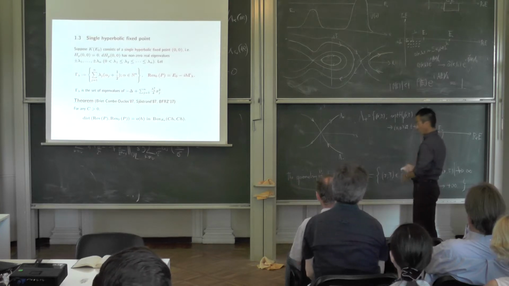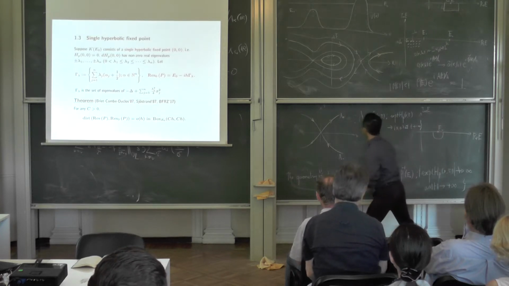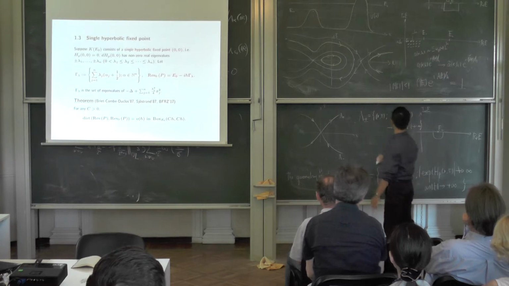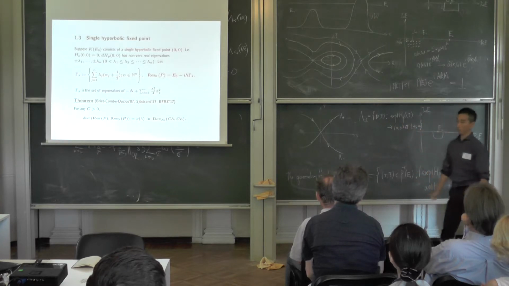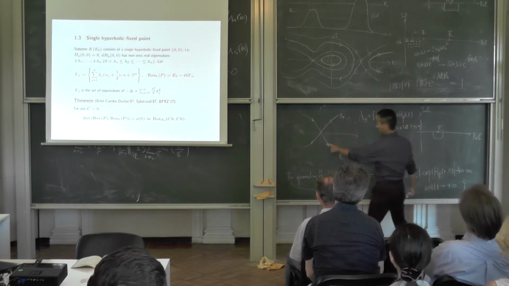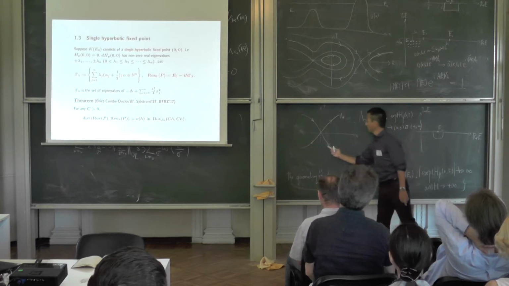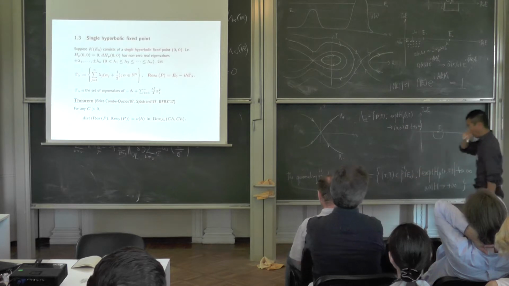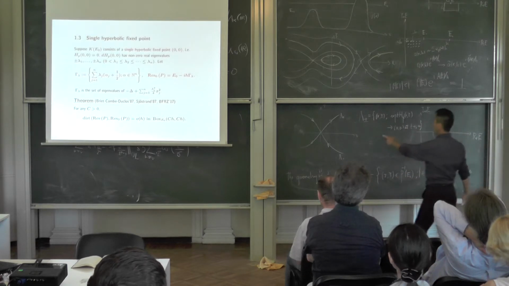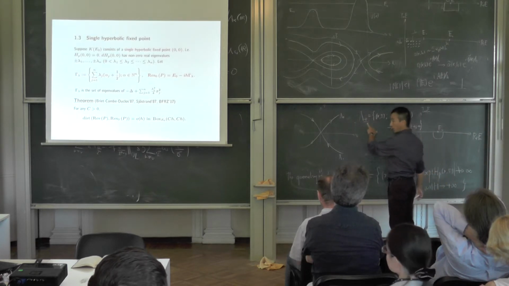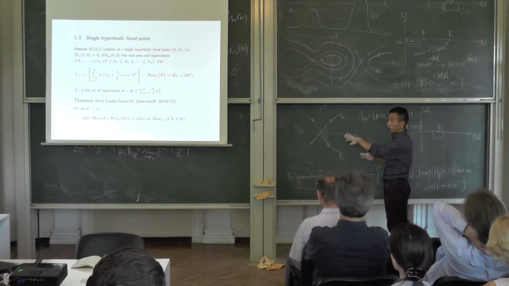And lambda minus is vice versa, so when t goes to plus infinity, it goes to the fixed point. And it is known that lambda plus and lambda minus are n-dimensional Lagrangian manifolds.